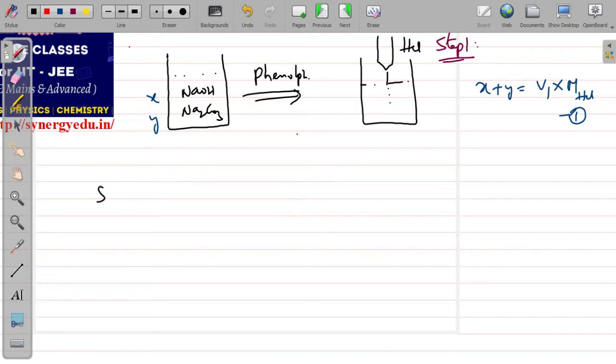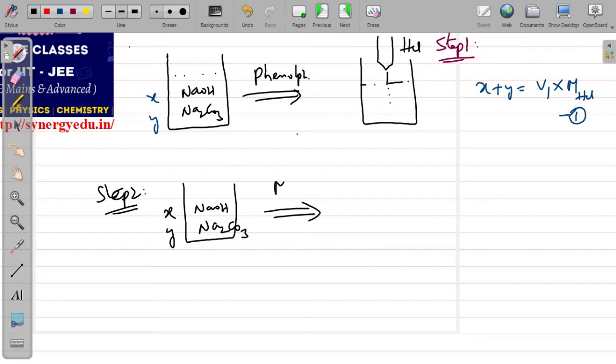For example, as step 2, they will take again the original, similar solution, which contains NaOH and Na2CO3, again X and Y. But instead of phenolphthalein, they will add methyl orange and they will titrate.